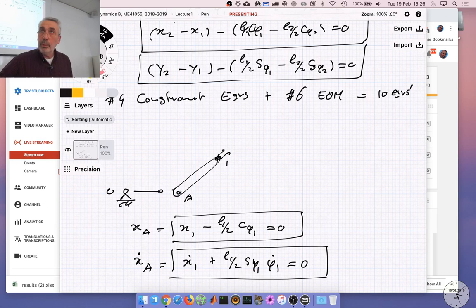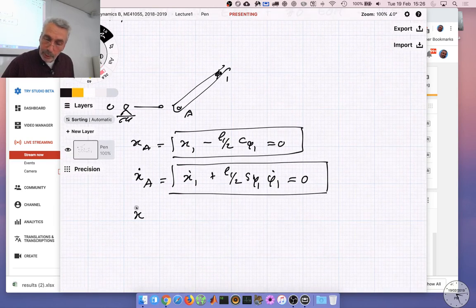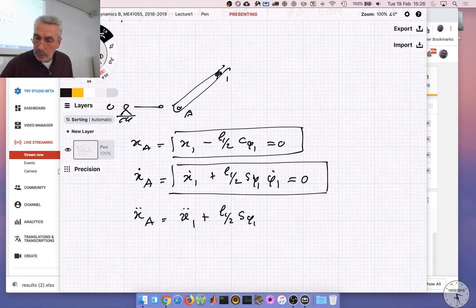And now we have to take yet another derivative because we want to know accelerations, right? So we do x double dot A is x double dot 1. Then this is a product of terms, and I first do this one and then this one. And I do it because then this is constant here. And now I have to differentiate this.